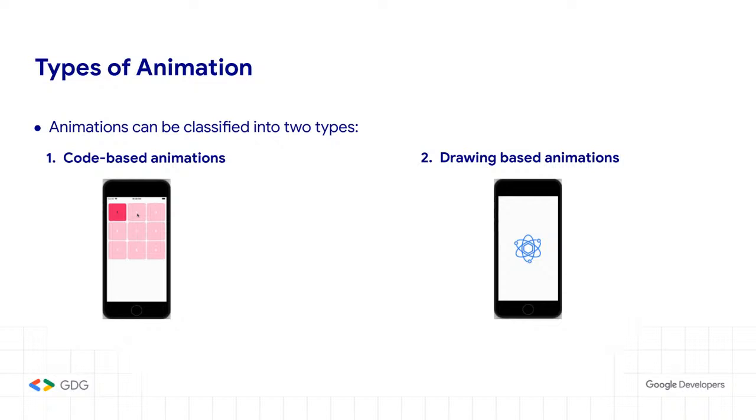Here it has been drawn by somebody and also animated, so the complete file is what we will be using. In that case you don't have to write any kind of code, you just simply import it into the application. But code based animation is heavily dependent on code. You can code the existing Flutter widgets to create code based animations.